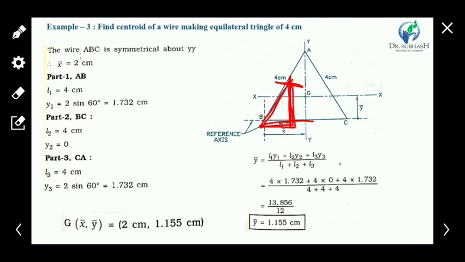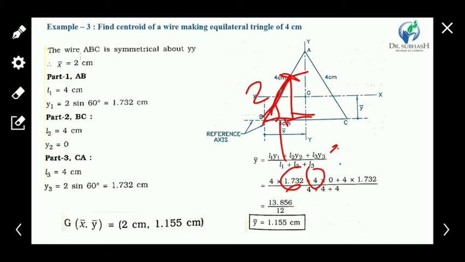Make this triangle, and this angle is 60 degree because it's an equilateral triangle, so all angles are 60 degree. According to this triangle we find this vertical length, where the angle is 60 degree, and this length we already know is half, 2 centimeter.